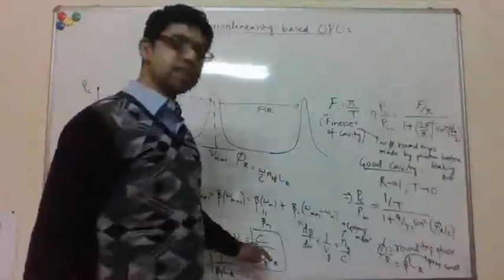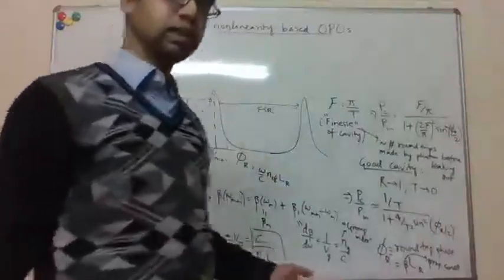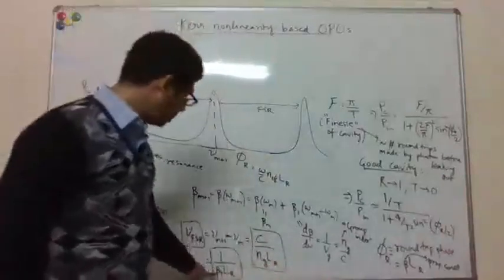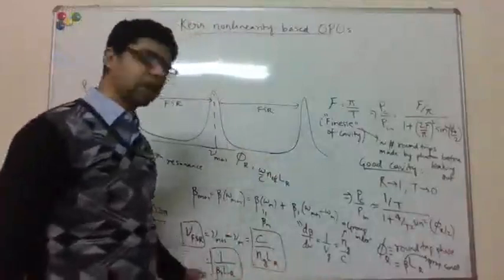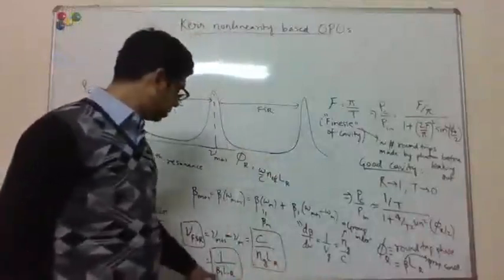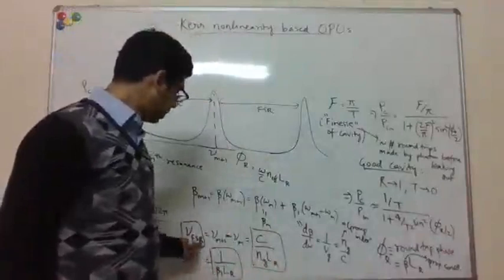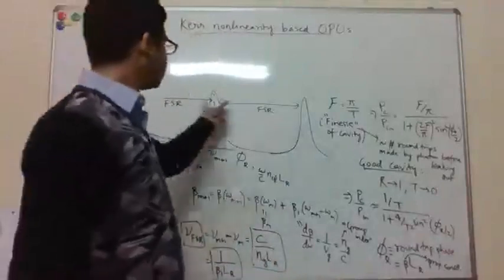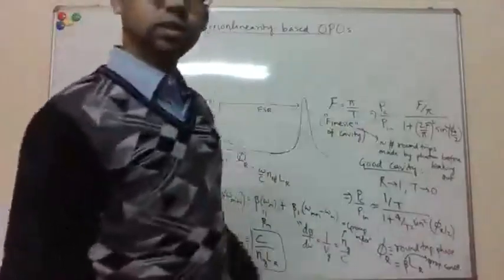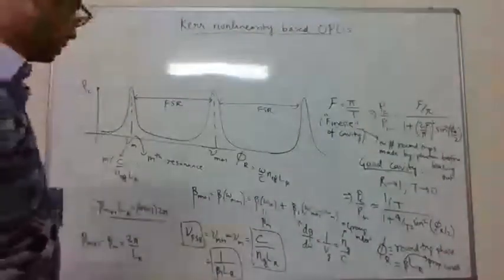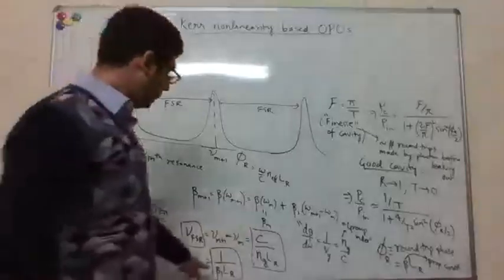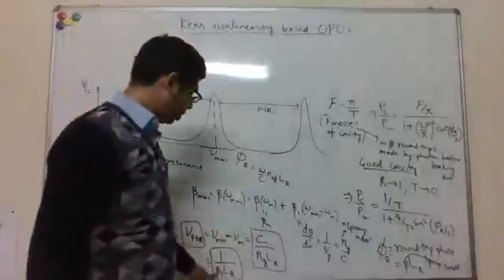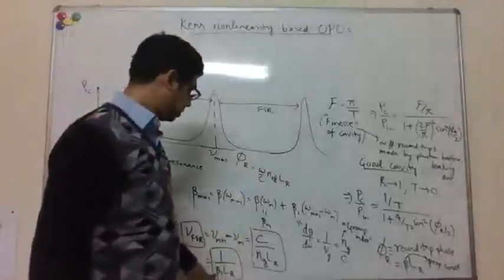But if Ng is also a function of frequency, or in other words, beta 1 is not a constant, then FSR is also a function of frequency, which means basically FSR doesn't remain constant, right, as I go across resonances. And when will beta 1 not be a constant?